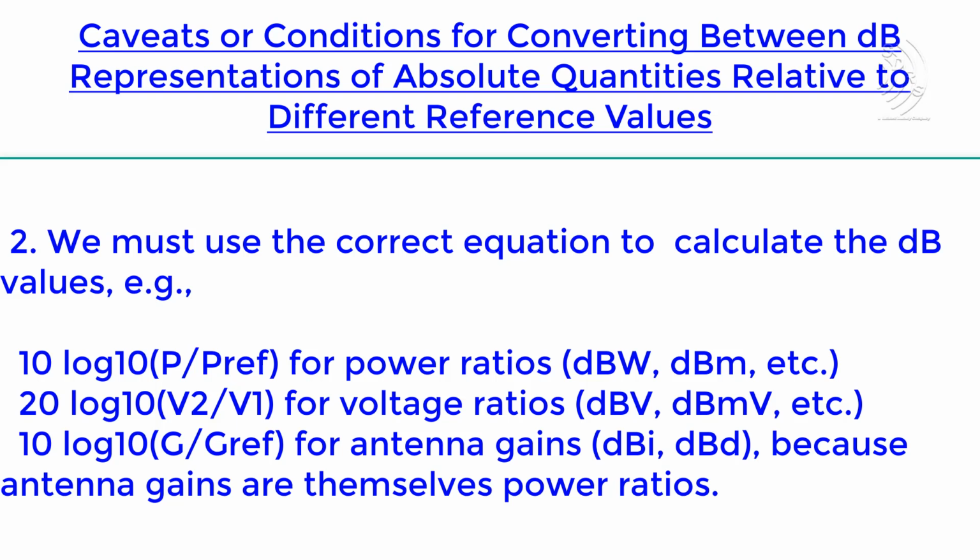For example, 10 times log base 10 of P over P ref for power ratios, 20 log 10 of V over V ref for voltage ratios, and 10 log 10 of G over G ref for antenna gains. 10 log base 10 of a ratio is used for antenna gains because the antenna gains themselves are power ratios.